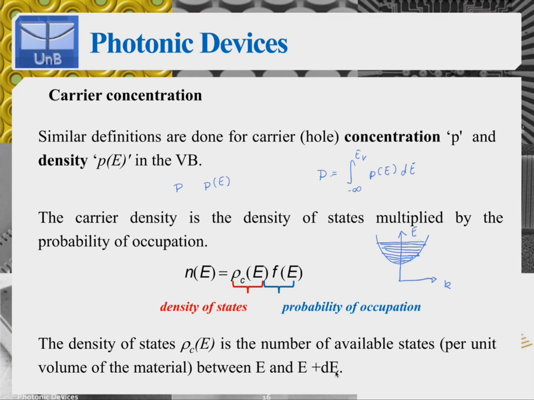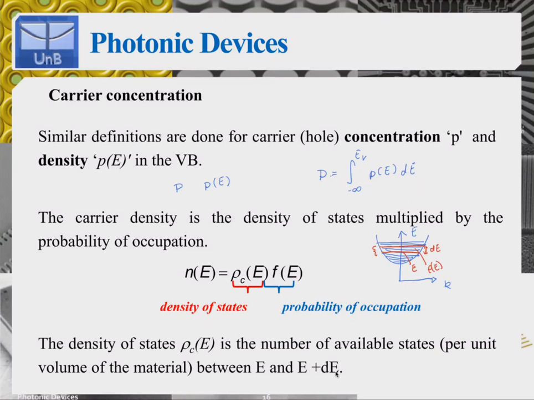So these are the available states that can be occupied by electrons, in such a way that rho c of E for energy E is equal to the number of states with energies between E and E plus dE. For a differential energy dE, the number of states in this range is rho of E.